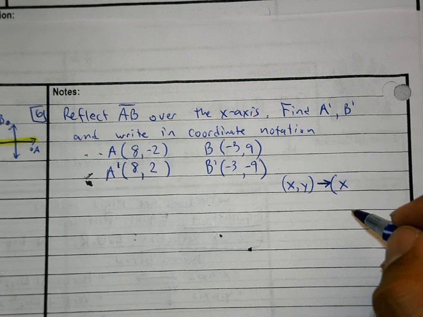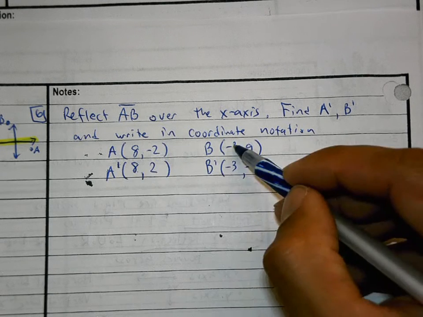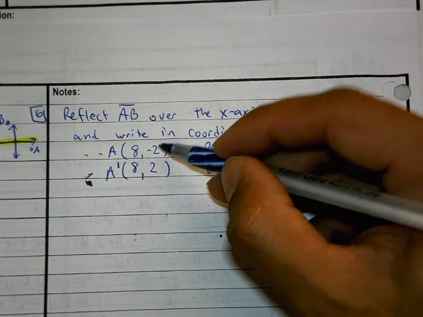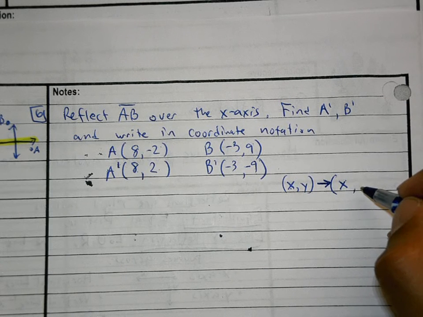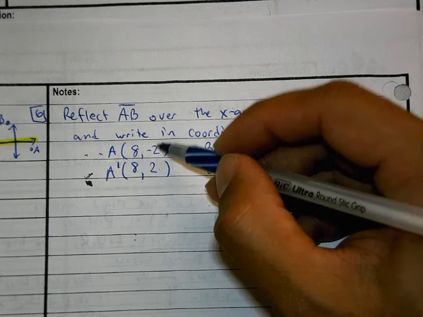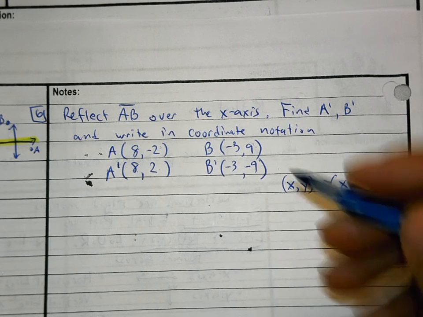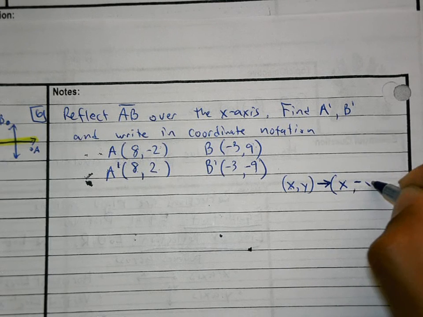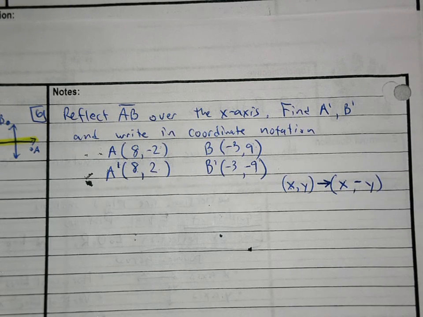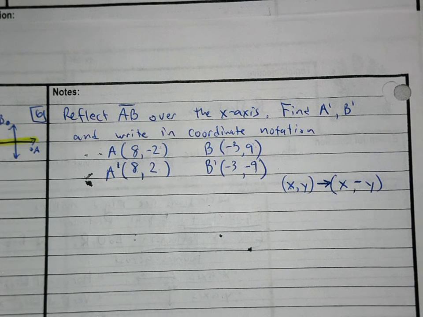Our y's are going to... So how do I write it? What's changing with our y's? We went from a negative to a positive, or from a positive to a negative. What does that mean we're doing to the y's? Negative y, which means we're doing the opposite of that y. And that's our answer. Those are our answers. We'll stop your notes right there.